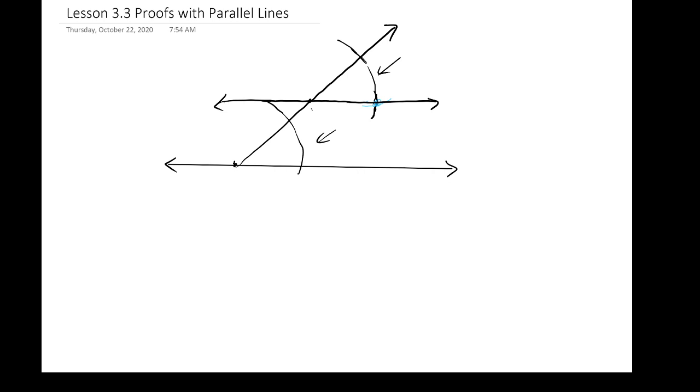So now that we have that, what we need to do is a proof. But real quick, I'm going to make sure that I put out two theorems. If two lines in a plane are cut by a transversal and corresponding angles are congruent, then the two lines are parallel.